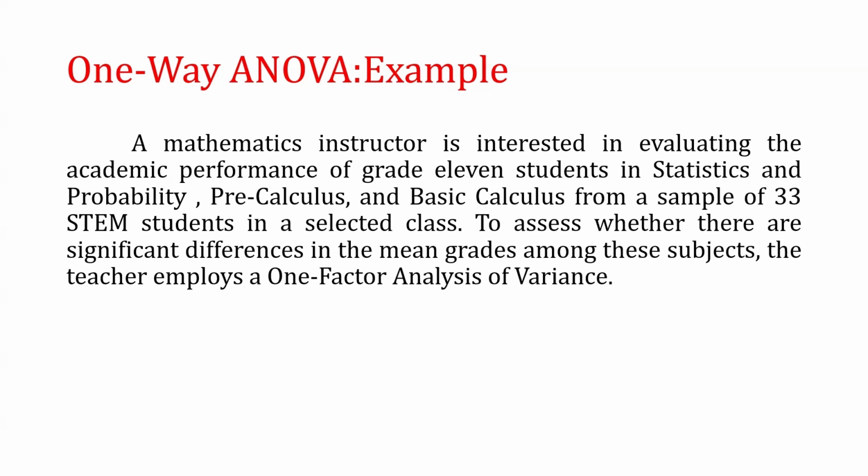Now, the condition here: if the p-value is less than the alpha value, then there is a significant difference. However, if the p-value is greater than or equal to the alpha value, then there is no significant difference.